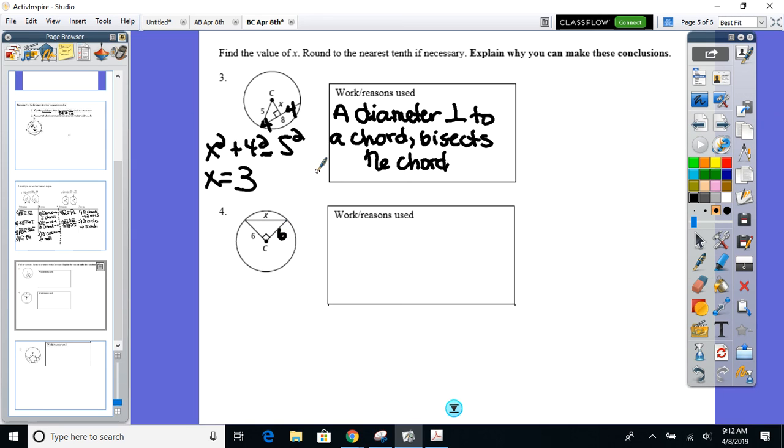And now you could do once again to find x. Pythagorean Theorem. 6 squared plus 6 squared equals x squared. And I do want it in simplest radical form, please. So you're breaking down 72 for me.